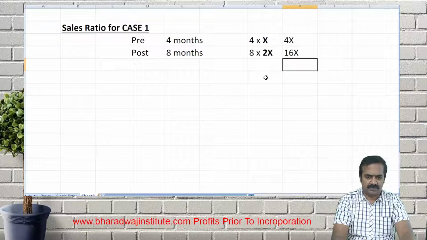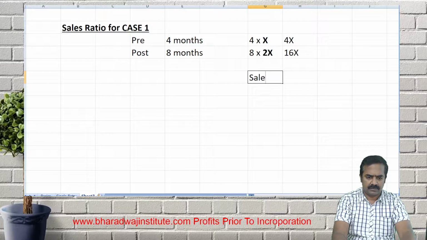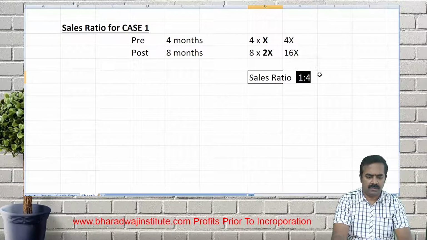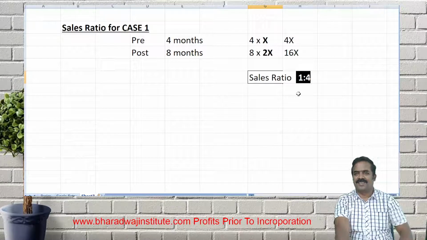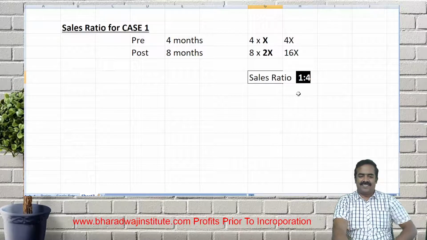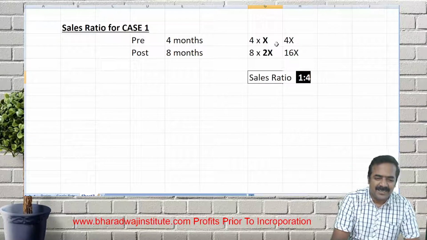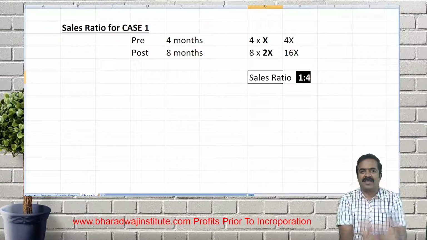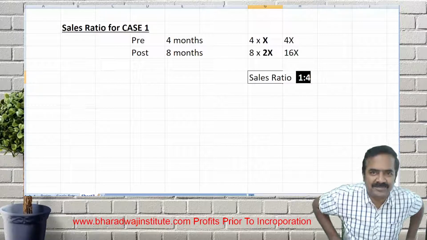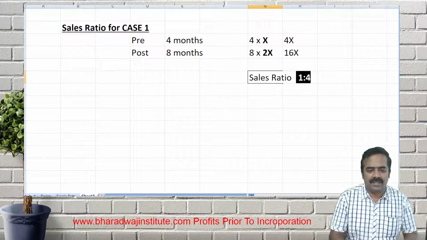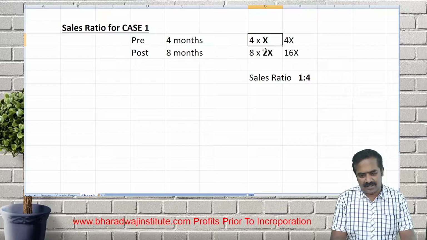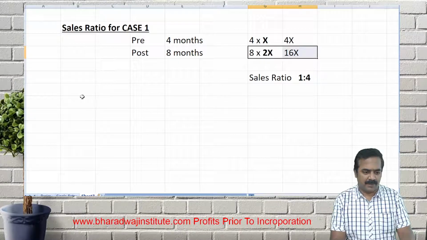What is the ratio? 1:4. Since it is monthly basis, they took 300 by 12, 25 into 4, and the rest 25 into 8, 50 into 8. So the ratio is 1:4. Use whichever method you like. If you get 1:4, okay. Done? Any doubt in it? So 4X and 8 into 2X, like this.